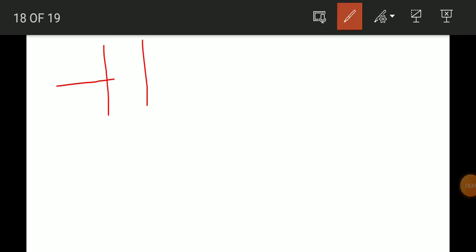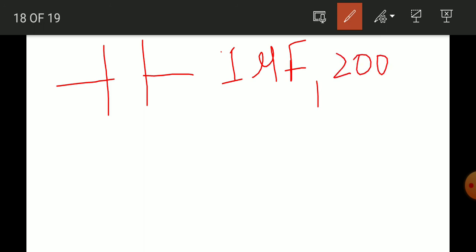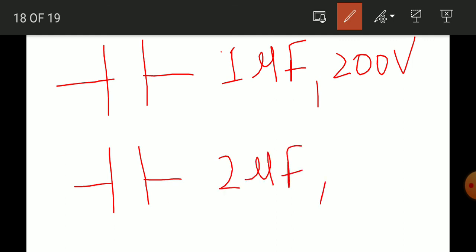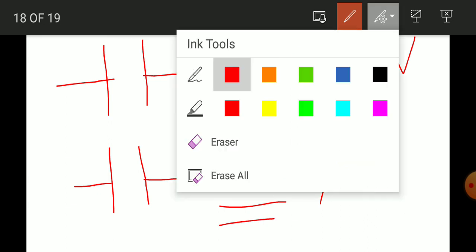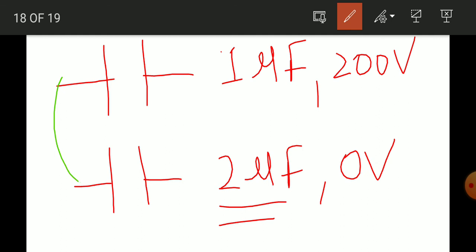Suppose that I am having a capacitor, 1 microfarad, charged up to 200 volt. Another capacitor is there, 2 microfarad, uncharged, meaning 0 volt. The voltage will be zero, but the capacitance will never be zero. So when you connect these two capacitors, what will happen?